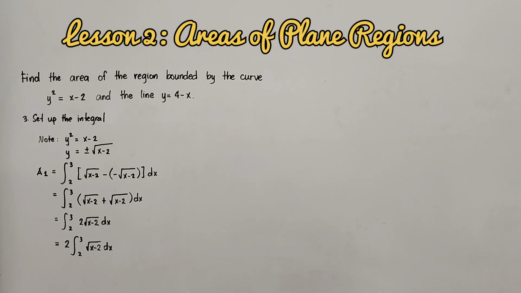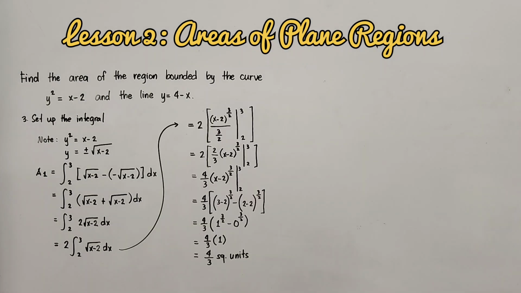Applying the constant theorem of the integral, this expression is equal to 2 times the integral of the square root of x minus 2 dx from 2 to 3. By getting the antiderivative of this function, we have 2 times (x minus 2) to the power 3 over 2, over 3 over 2, from 2 to 3.